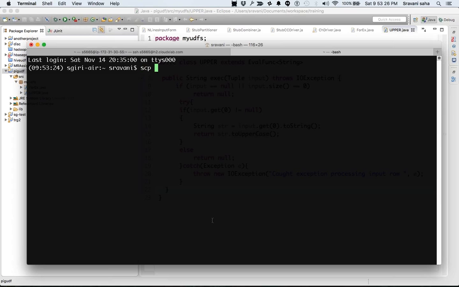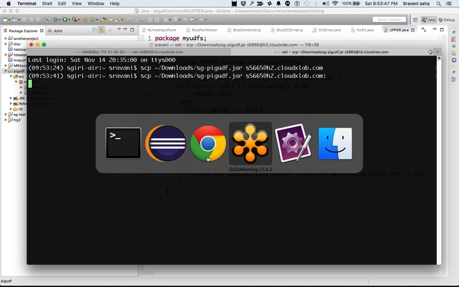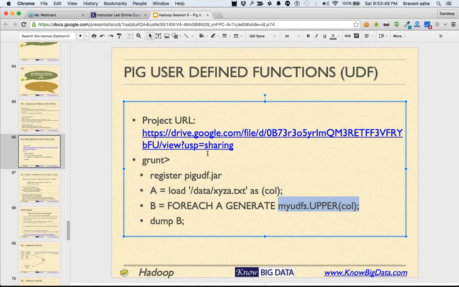Now let's copy it: scp downloads sg dot pig udf dot jar onto s5665 at h2.cloudxlab.com. Sorry, it has to have the colon.